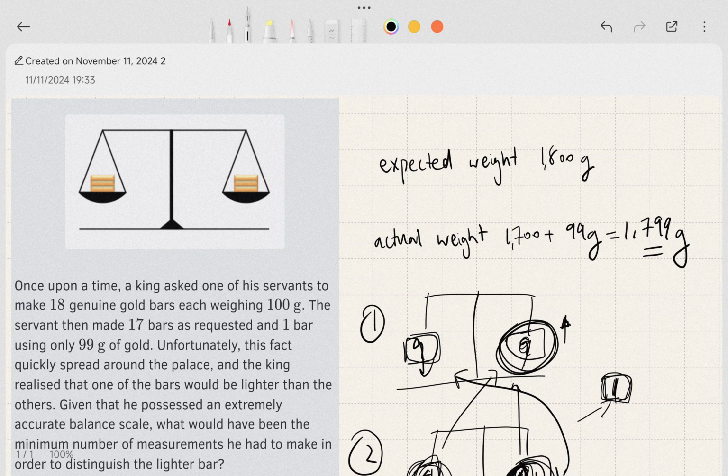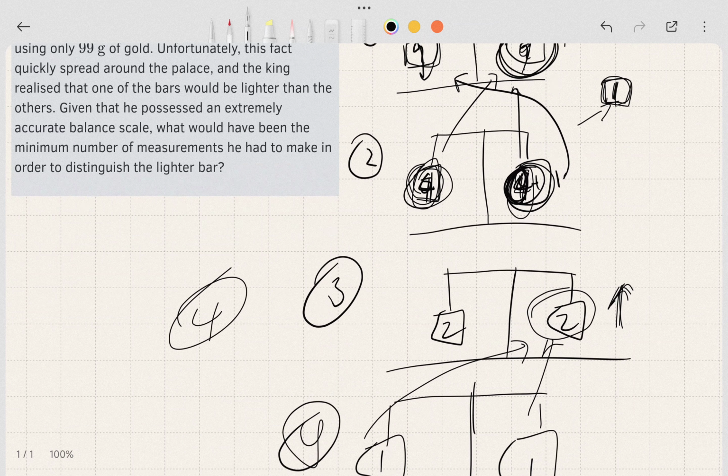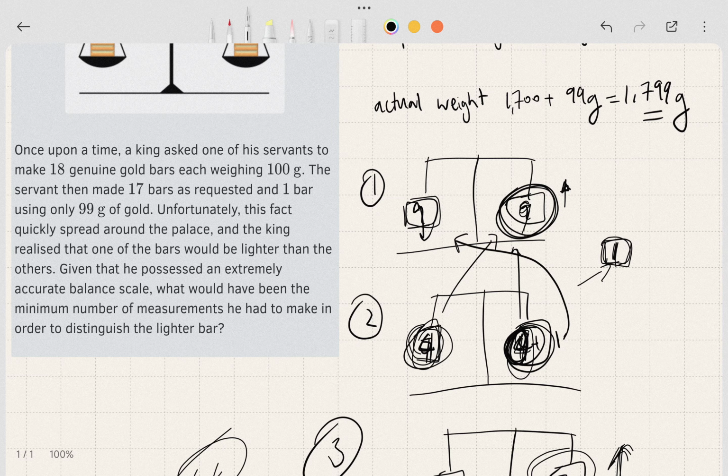Okay, so what is the idea here? It's not 4 and it's not 2. Let's reread this question again. It's given that he possessed an extremely accurate balance scale.